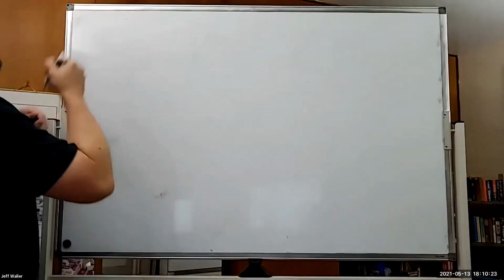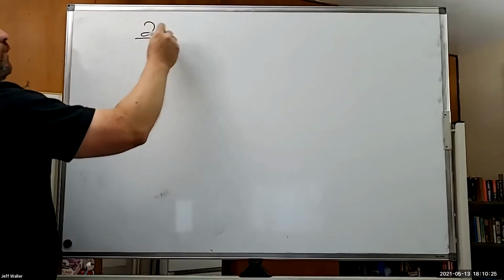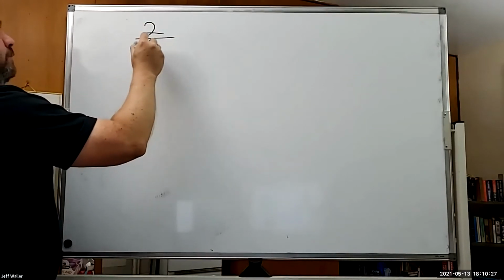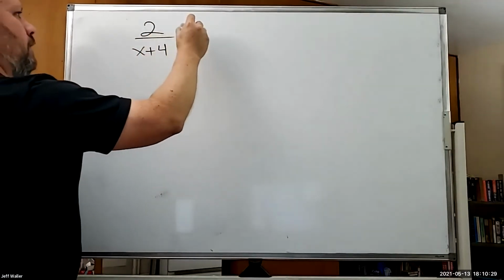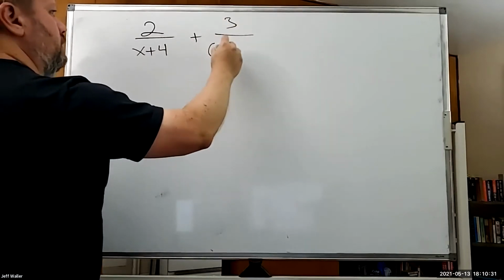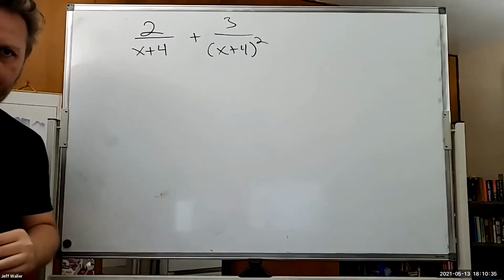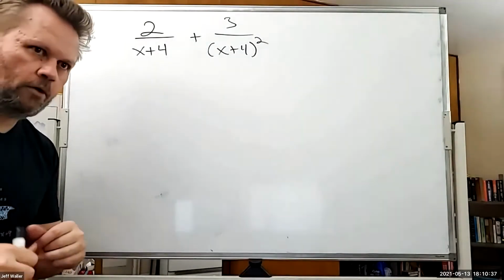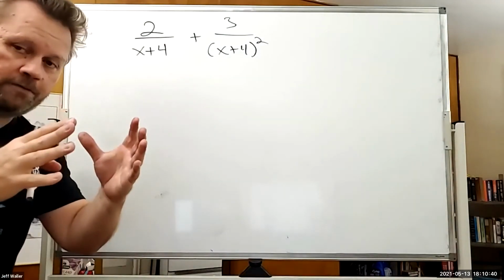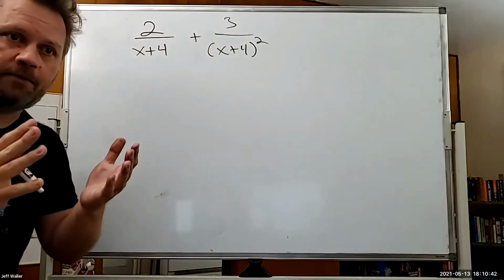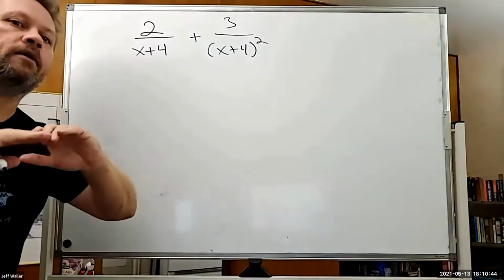Oh yeah. So look here: 2 over x plus 4 plus 3 over x plus 4 squared. Go ahead. So we're kind of doing it backwards, right? This is not what chapter 11 is going to have. This is from before.